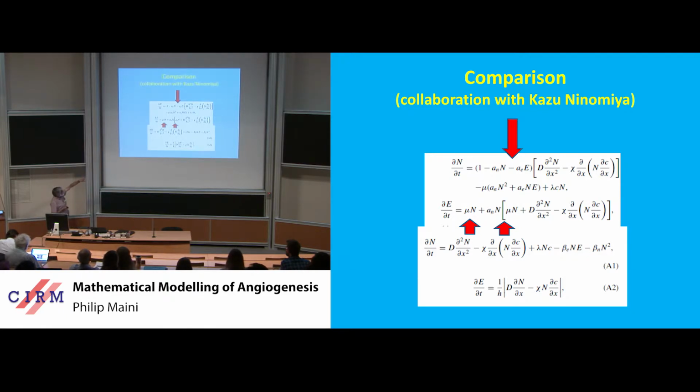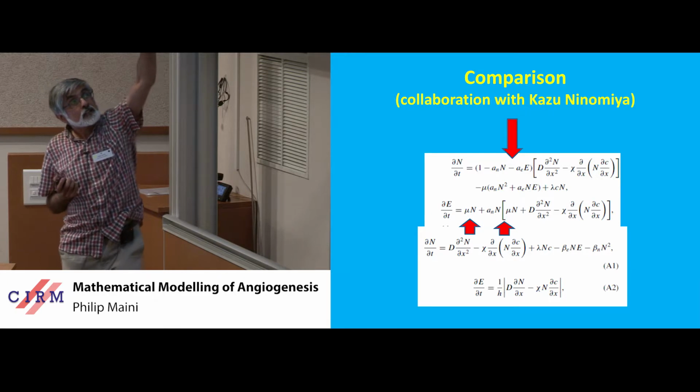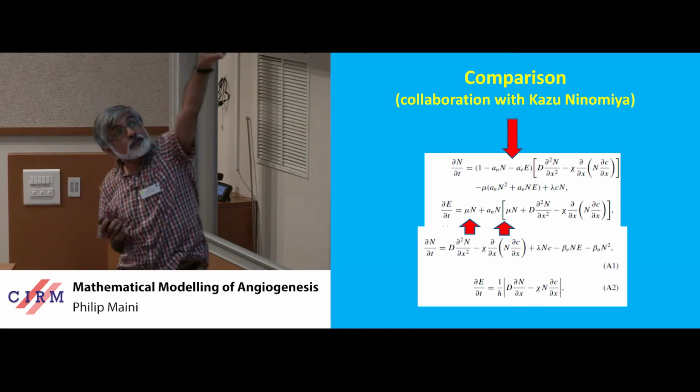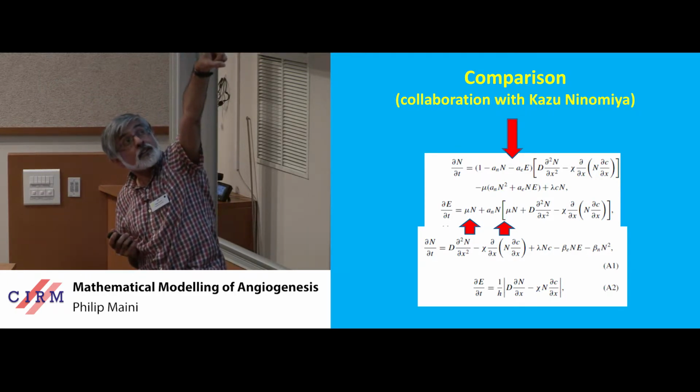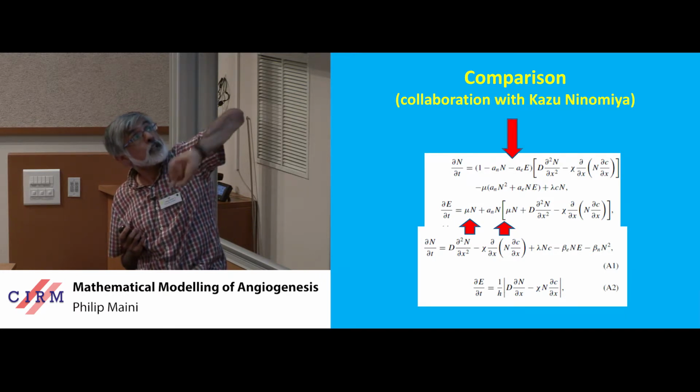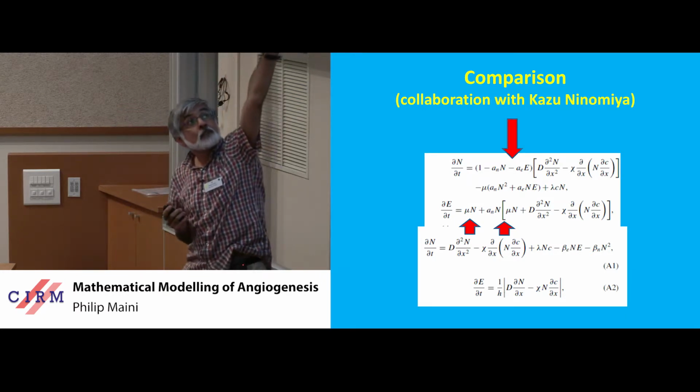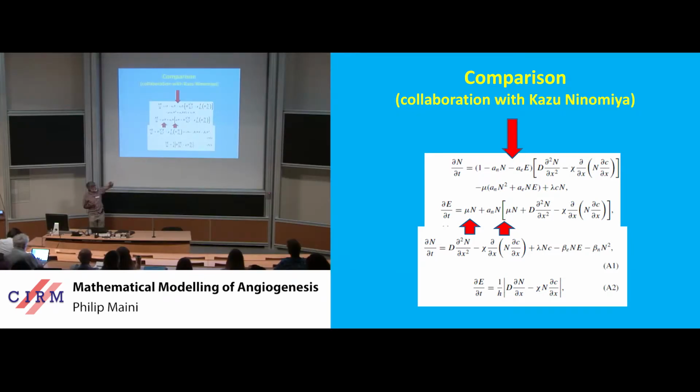Let's look at the very top: we've got the diffusion term and the chemotaxis term multiplied by something. Compare that with the snail trail model where the same term is multiplied by 1. So those two terms are different.